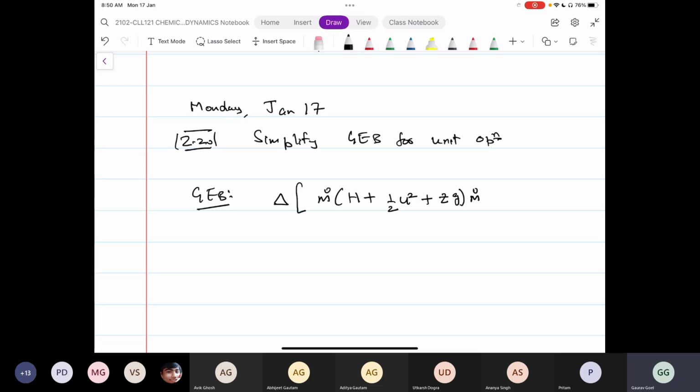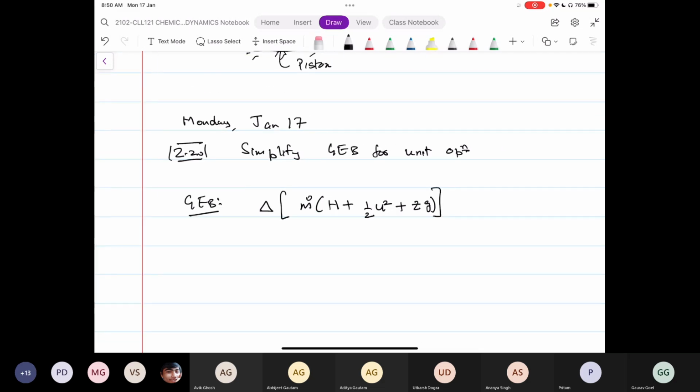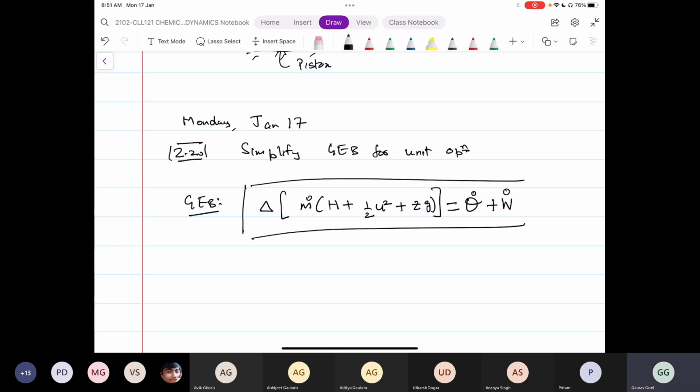If you define them in terms of per unit moles, some changes will be required. So this is my starting point.